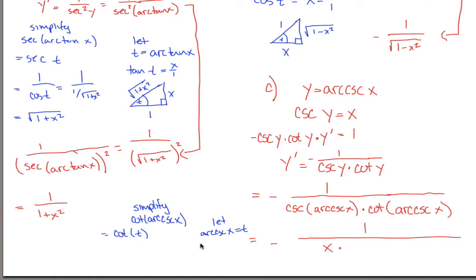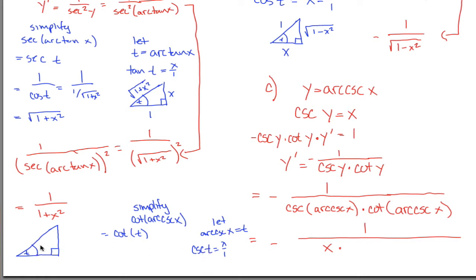If I take the cosecant of both sides of this equation, the cosecant of t is equal to x over 1. And I also know that cosecant is 1 over sine. So if I draw this picture over here and put t over here, if this were sine of t, I'd say its opposite over hypotenuse is x over 1. But it's not, it's cosecant, so it's 1 over that.